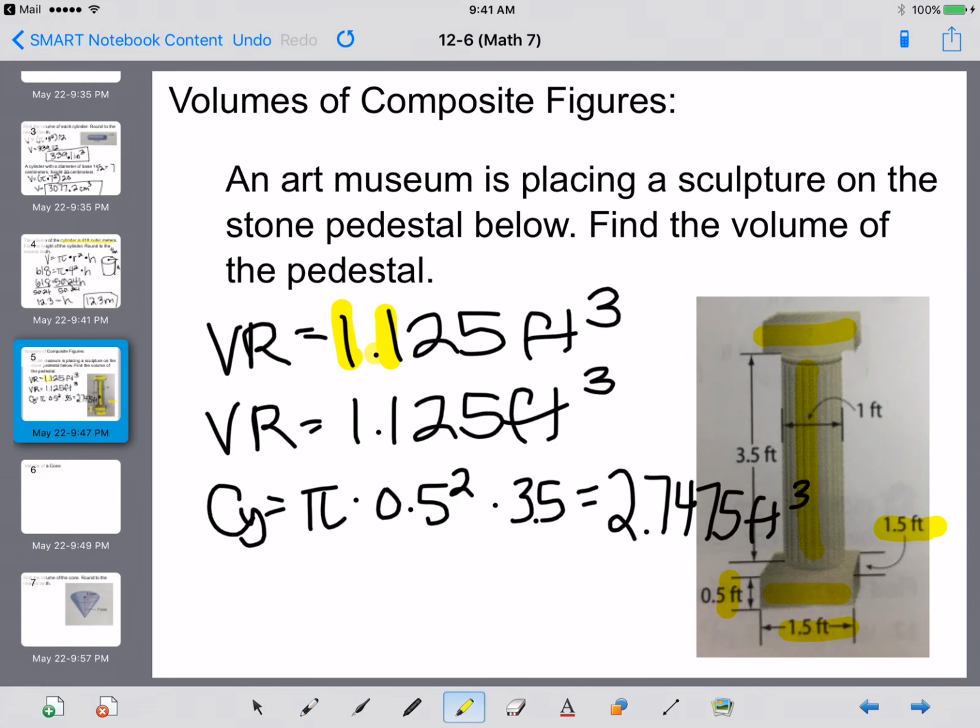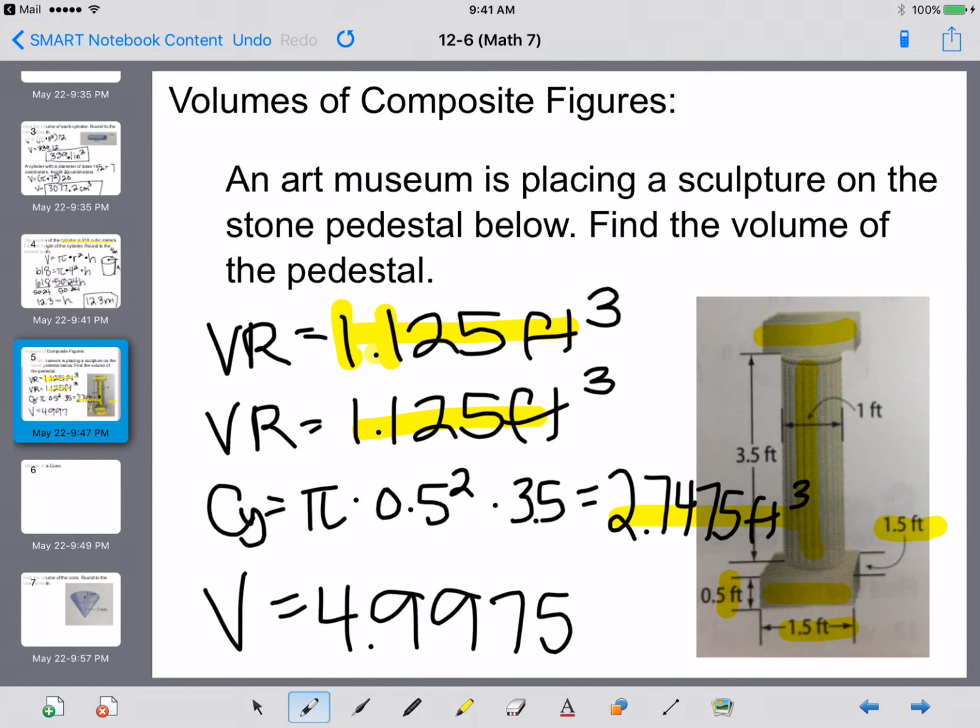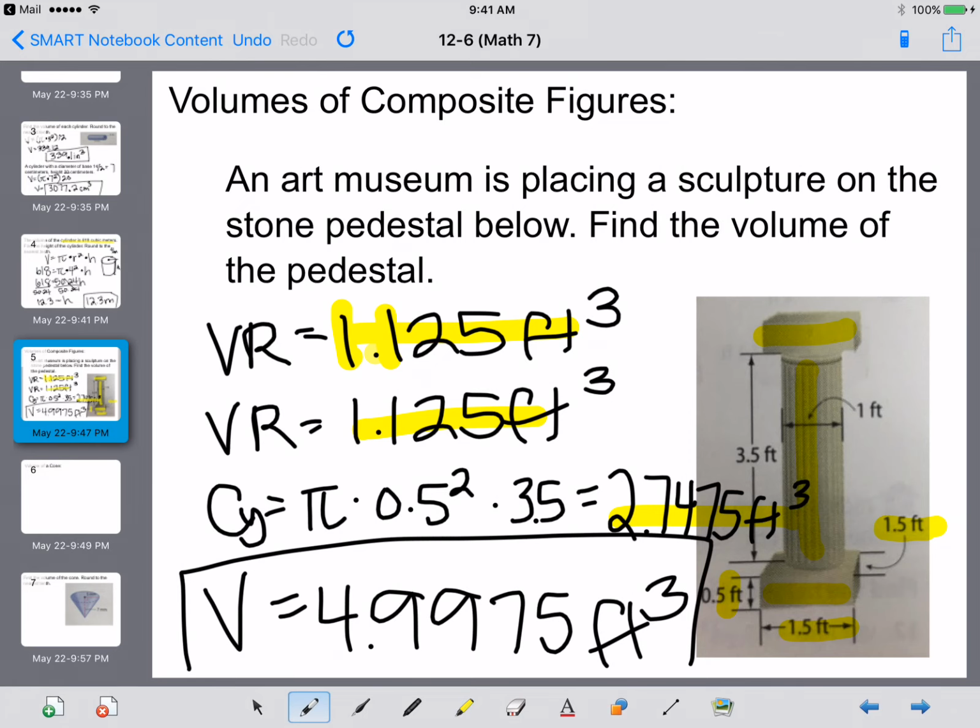And then we're going to add all three of our pieces together. So 2.7475 plus 1.125 plus 1.125 again, giving us a total volume of 4.9975 feet cubed. So you're just breaking down your pieces and adding them together again.